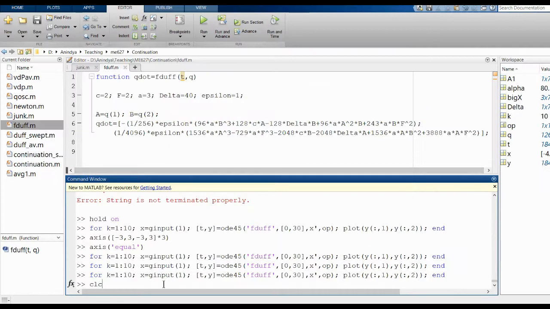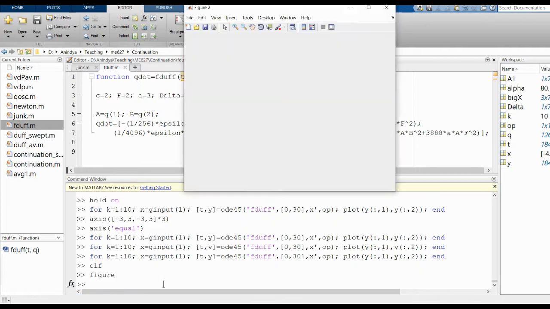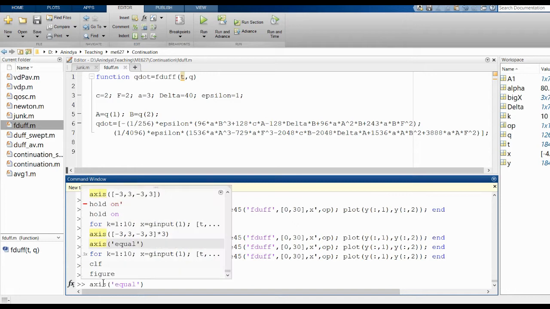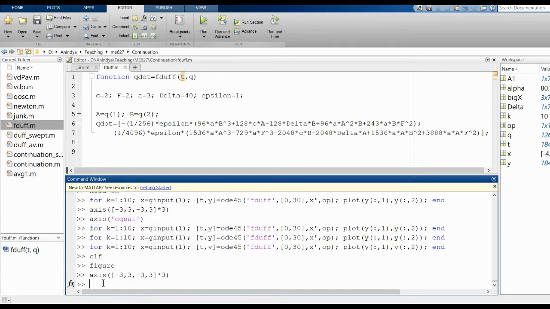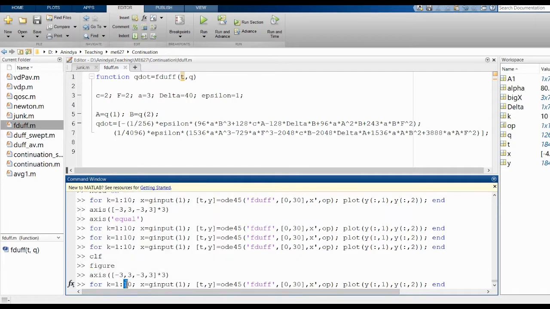CLF figure. Oh, that's 2. I don't want 2. I still want 1. Axis, big axis now. Then what I will do now is I'll maybe make it longer. I will plot it like this.